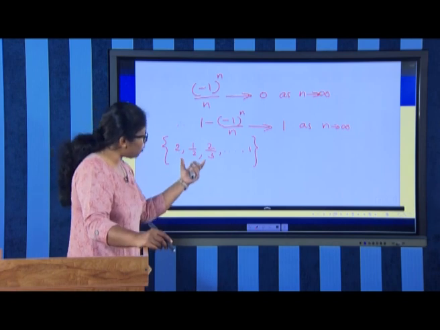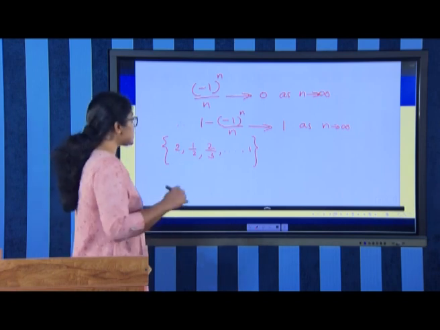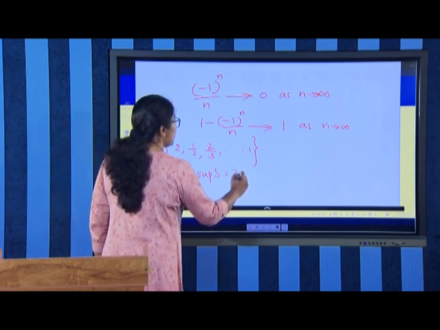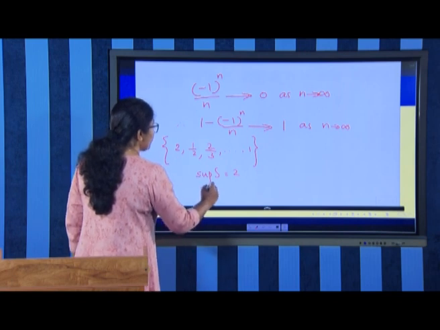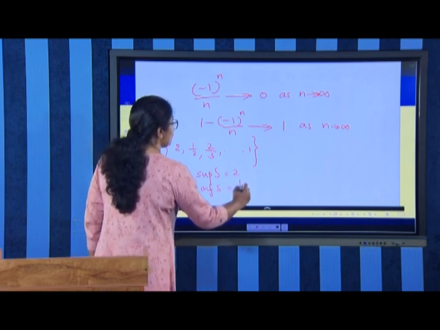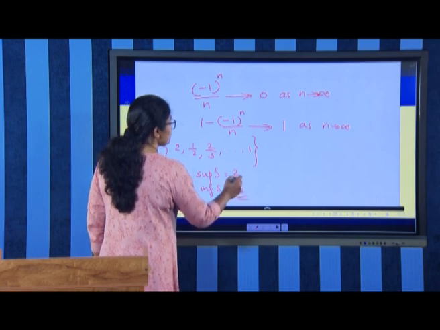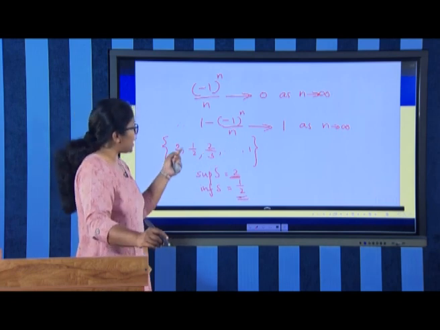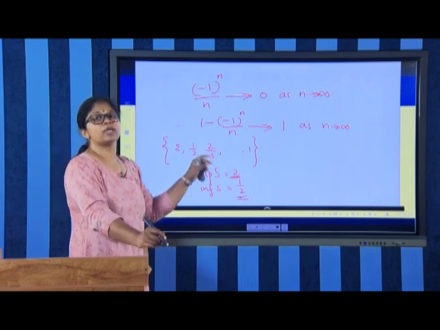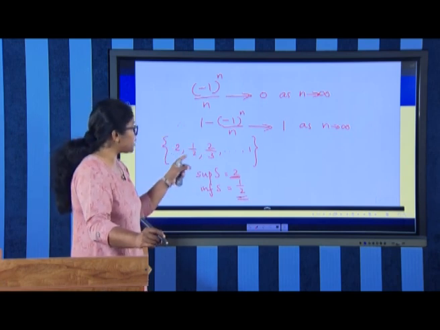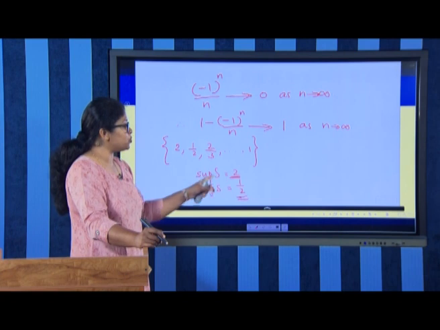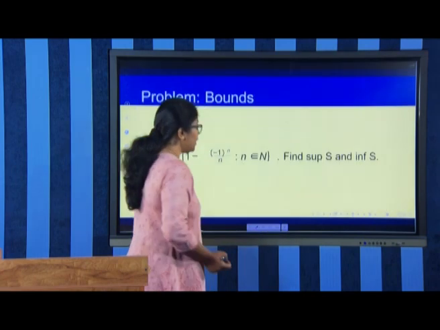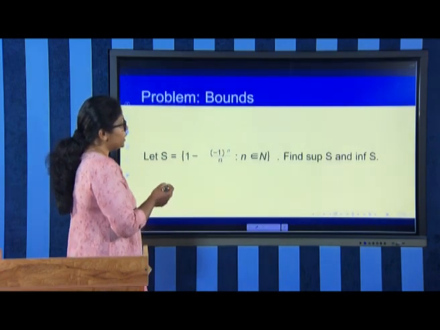Listing all the elements of the set S, we can see that the supremum of the set S will be equal to 2 and the infimum of the set S is nothing but half, because all the elements of the set S are less than or equal to 2 and every element of the set is greater than or equal to half. So, we can show that supremum of S is equal to 2 and infimum of S is equal to half in this way. So, that is the method of solving this problem.